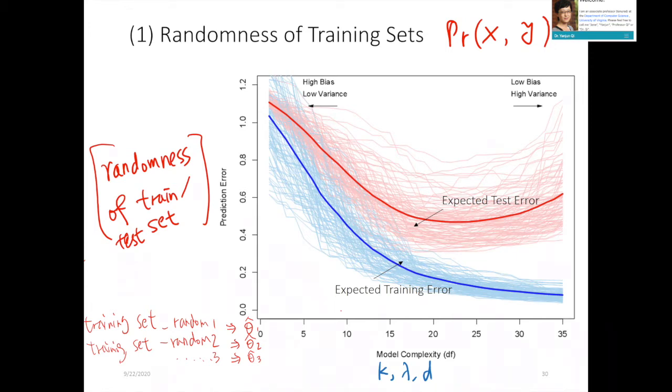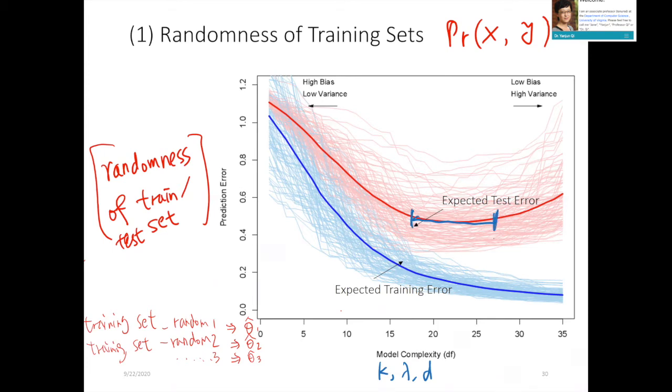On the right are more complex models, and you will always see the training error go down. But your testing error has this valley shape, and the low plateau region is normally the sweet spot of the model you pick.